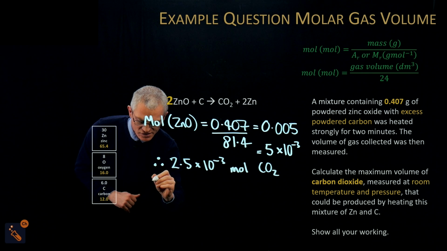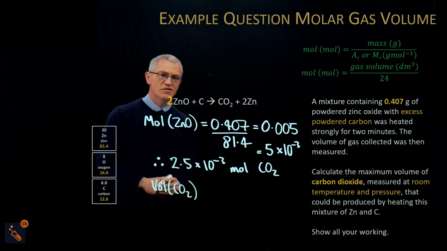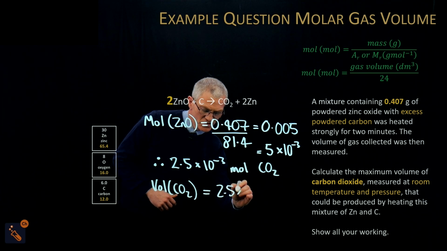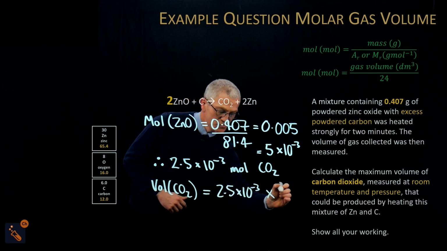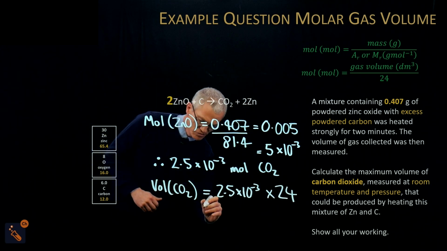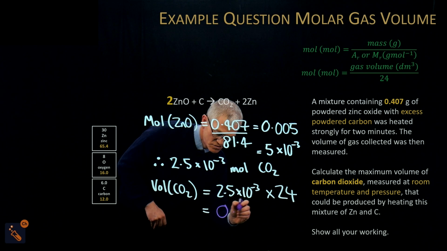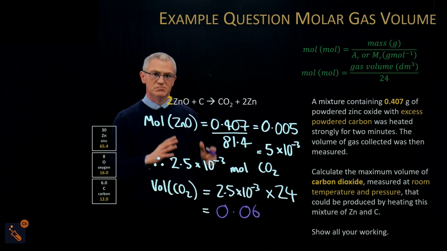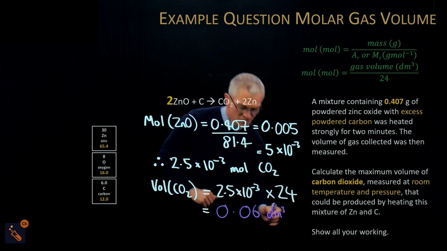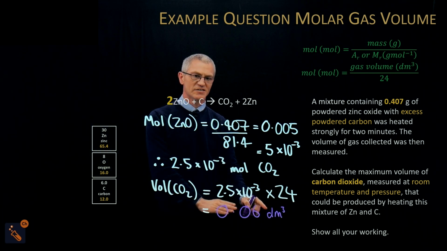So my volume of CO2 would be 2.5 times 10 to the minus 3 times 24, which would equal 0.06. The important thing is that this is always going to be in decimeters cubed. Remember, 24 was in decimeters cubed, so the final answer will be in decimeters cubed.